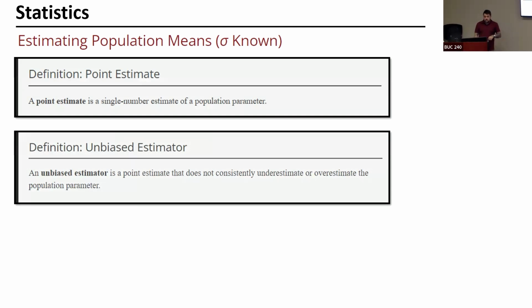Later on, in chapter 8.4, it's going to be the proportion, like what we just learned. In 8.5, it's going to be the variance. But it's all going to be the same thing. A point estimate, unbiased, is basically that number in the middle, the thing we're looking for. It's a fixed number that we're going to be using.